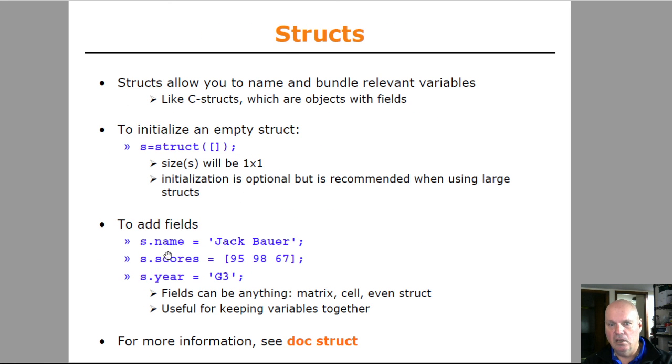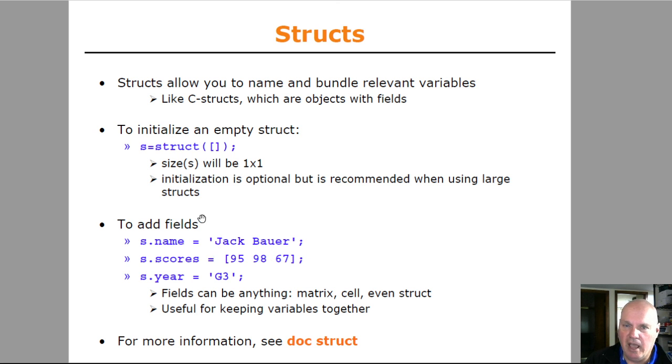For a struct, you would construct a variable, in this case s, and then to add corresponding values, you have to add fields to the struct. And these can be anything you want: s.name, s.age, s.gender, s.scores to hold a vector. You see here that a struct can also hold different data types, and strings and arrays or matrices.